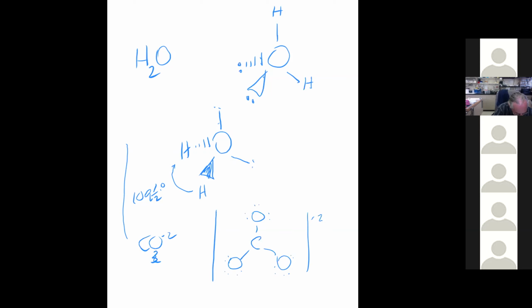So I have to take these away maybe and put a double bond there. Okay, so I got 1, 2, 3 regions of electron density. So that should be trigonal planar. Planar, trigonal, however you want to say it.